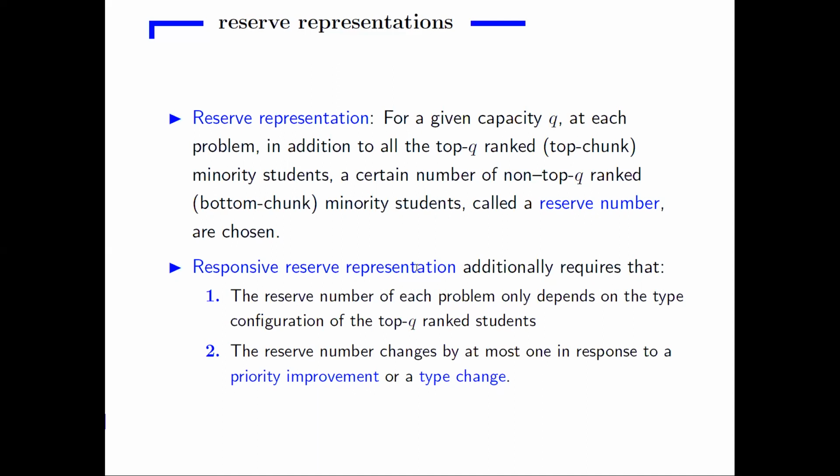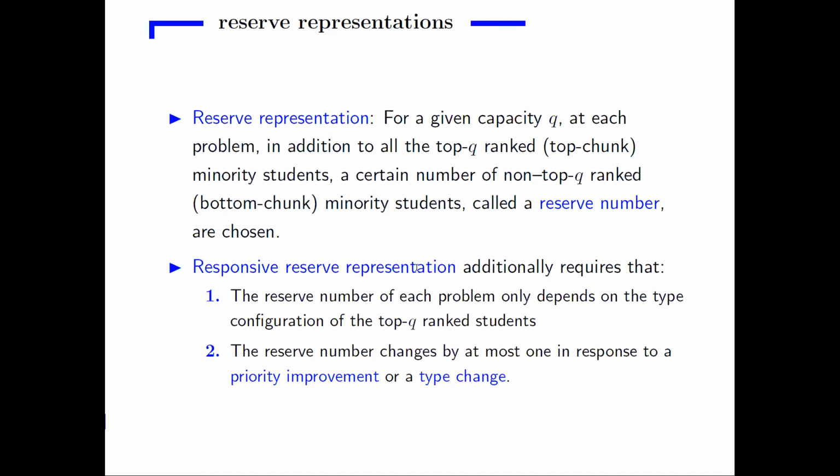He just moved on top of the next majority guy. Reserve representation allows to decrease my reserves into 0 or to increase them into 10. Responsiveness tells that you can't do it like that. You can only respond to these type of changes by increasing your reserve number at most by 1.